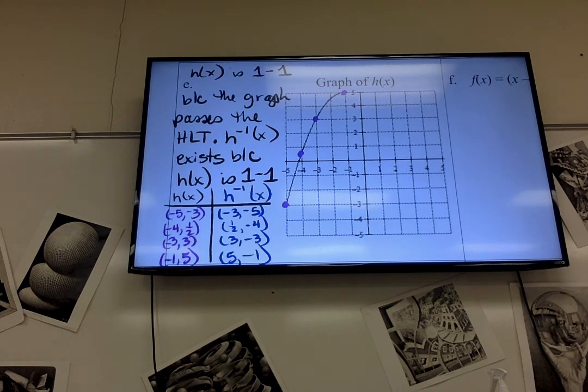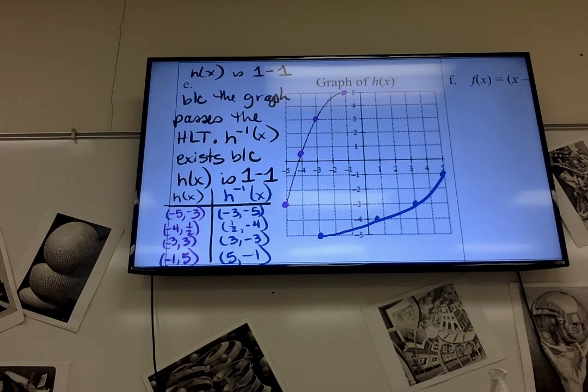And then we're supposed to graph those. -3, -5, 1/2, -4, 3, -3, and 5, -1. That kind of looks like that.